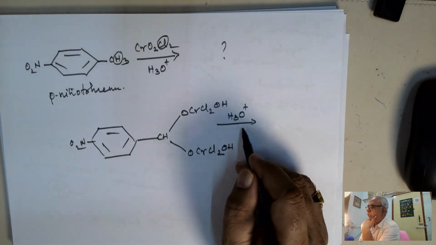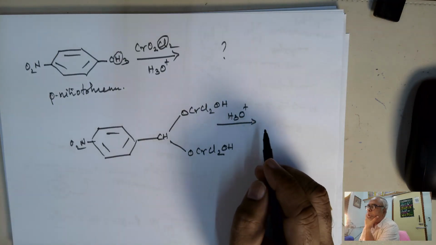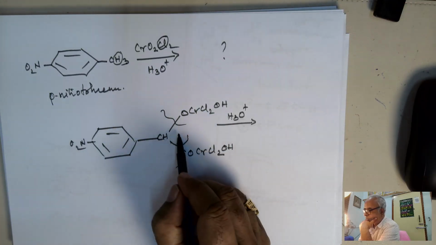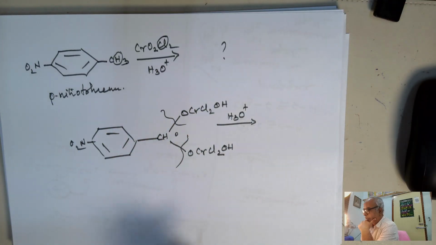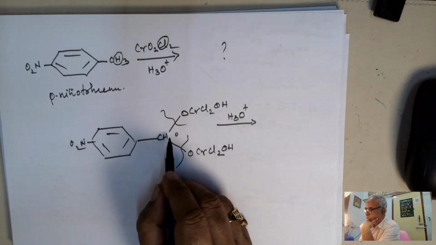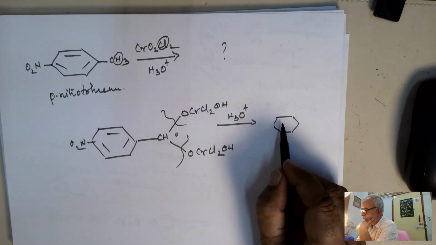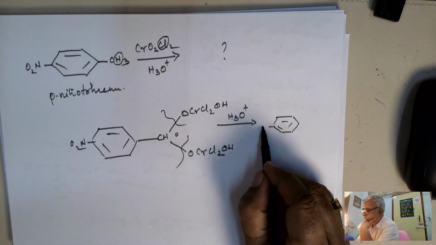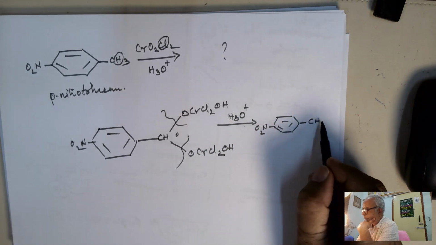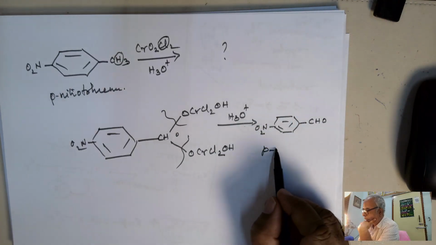It means acidic hydrolysis almost. You are able to get aldehyde. So these bonds are broken here, and this results in a CHO group here. So it means we are able to get nitro benzoyl. So para nitro benzoyl.